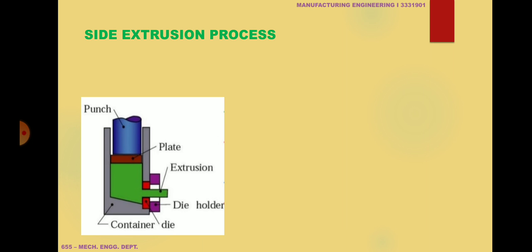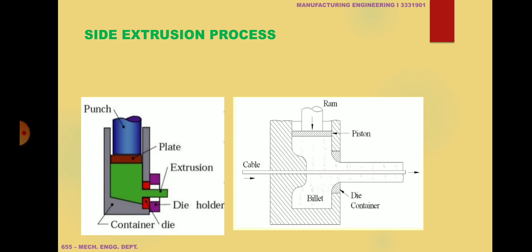Now, the side extrusion process. As the figure shows, the billet is placed in a container, the punch applies pressure on it, and the product comes from the side, so it is called side extrusion. It is used for making solid or hollow portions or making coating on circular pipes.